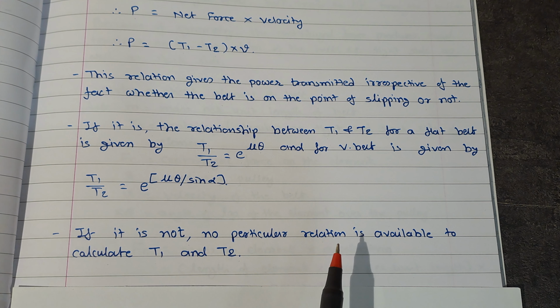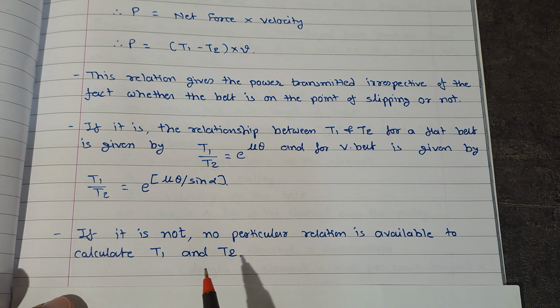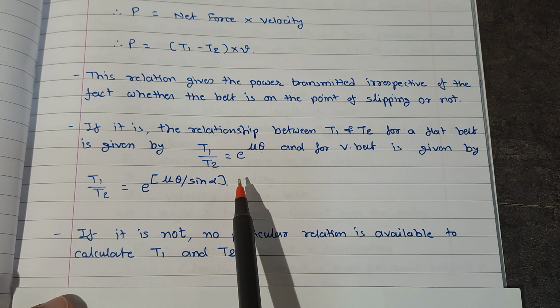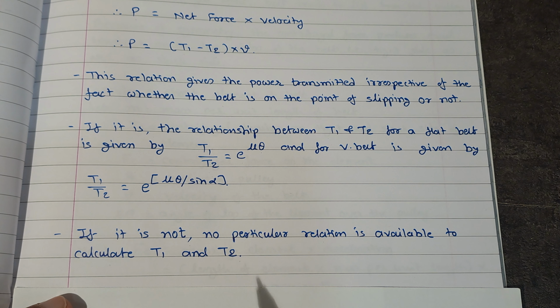There is no other method to calculate T1 and T2 separately. So T1 and T2 are calculated on the basis of this relation, and this relation applies with the condition that the belt is on the verge of slip.